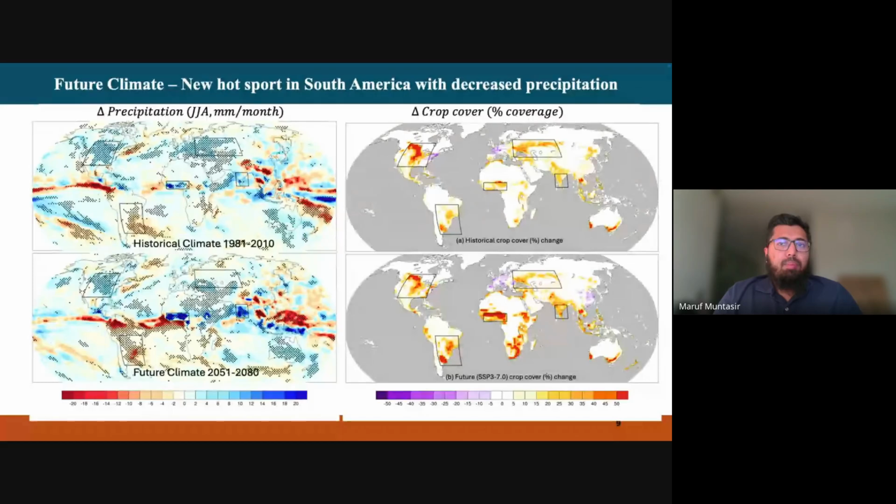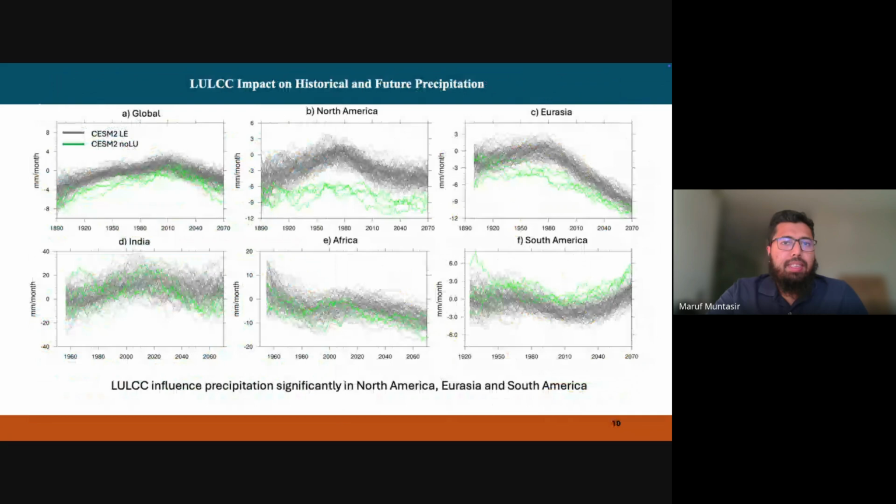For example, North America shows very high crop cover change, and it also shows significant precipitation increase in both historical and future climate. So it indicates that land use change has both local and global impacts. And the other regions also follow the same pattern. Next slide, please.